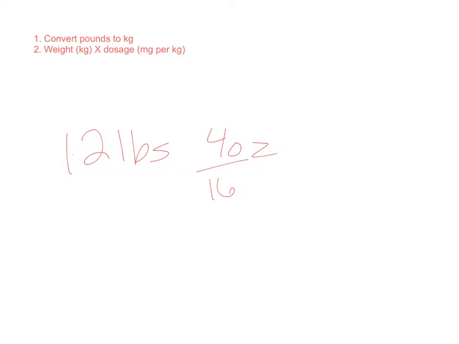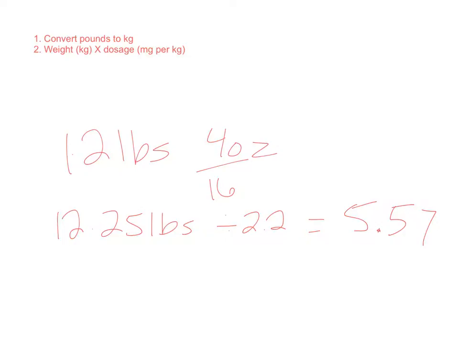So 4 divided by 16 would give me 0.25. So this person is 12.25 pounds. But I need to take that and divide by 2.2 to figure out what they weigh in kilograms. And 12.25 divided by 2.2 gives me about, I'm just going to round it up here, 5.57. I always like going 2 places after the decimal, but if you gave me 5.6, that's totally fine.